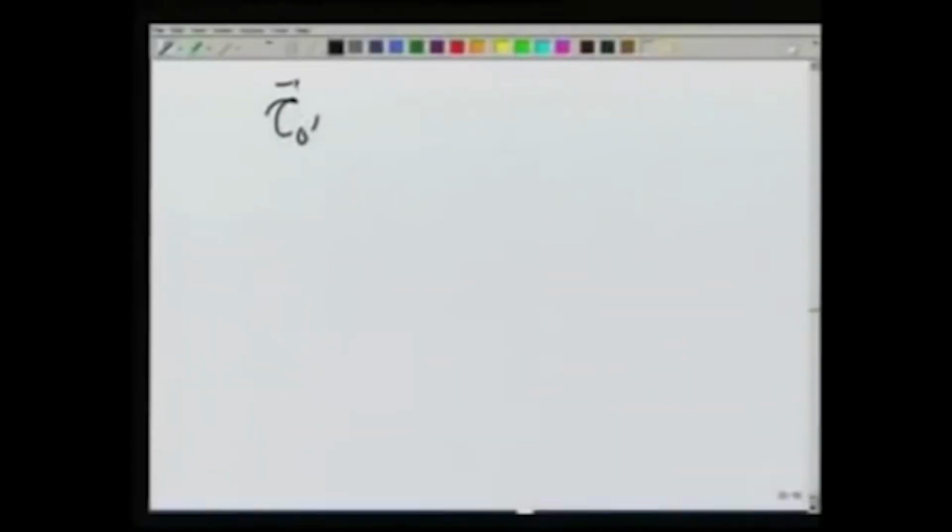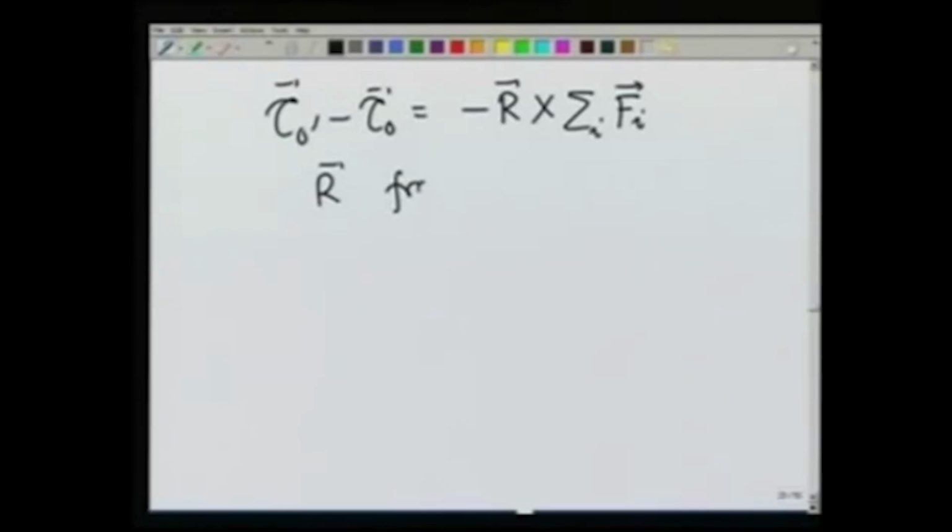So, let us write this again: tau O prime minus tau O is equal to minus R crossed with the summation over i of F i. R is a vector from O to O prime.